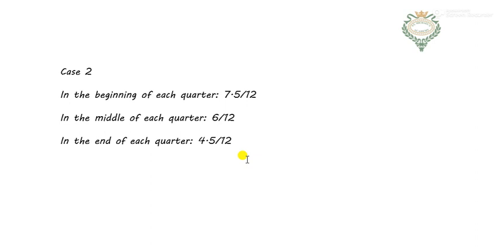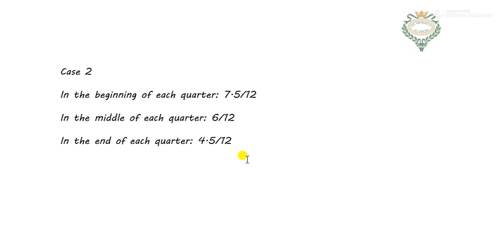So if a partner withdraws the same amount of money in each quarter, he is withdrawing the money 4 times in a year. Each year has 4 quarters, and if a partner withdraws a certain amount of money in each quarter, he is withdrawing the money 4 times in a year.